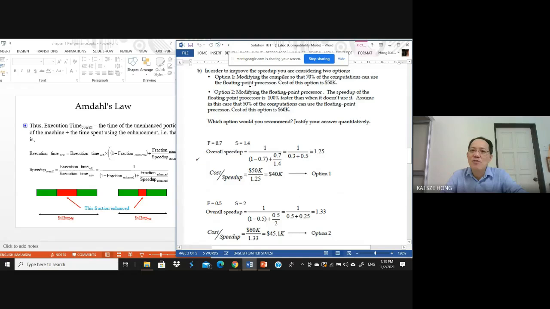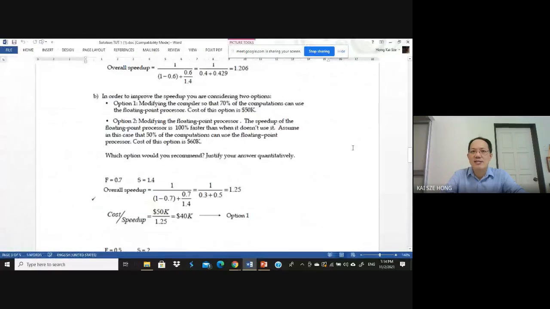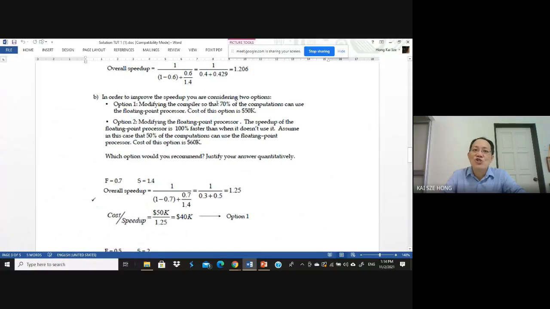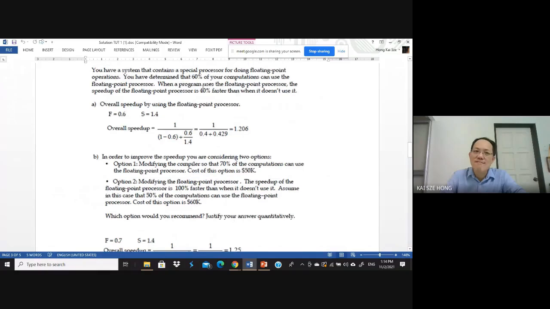So option 1, modifying the compiler so that 70% of the computations can use the floating point processor. Means you can have 40% faster when you do this.